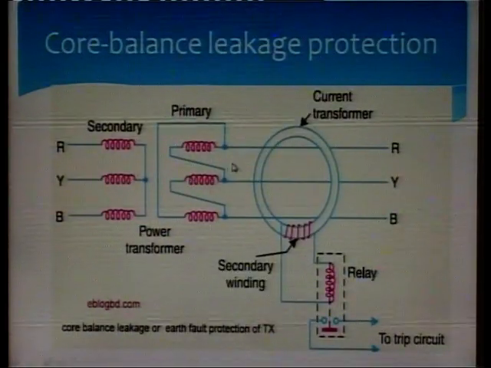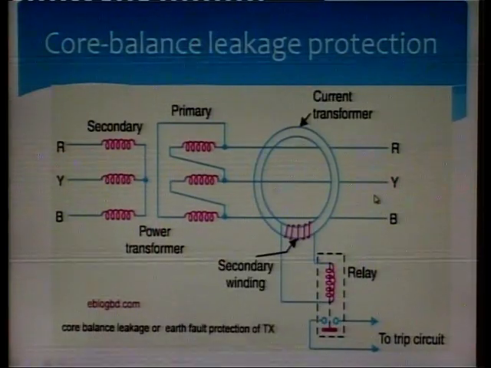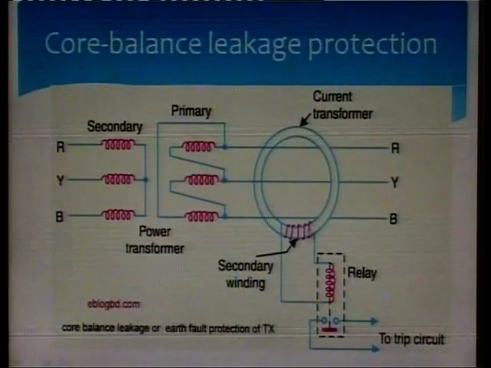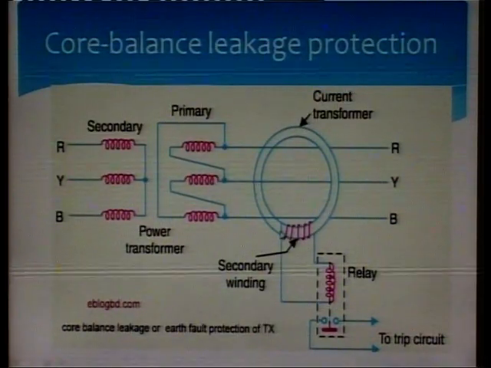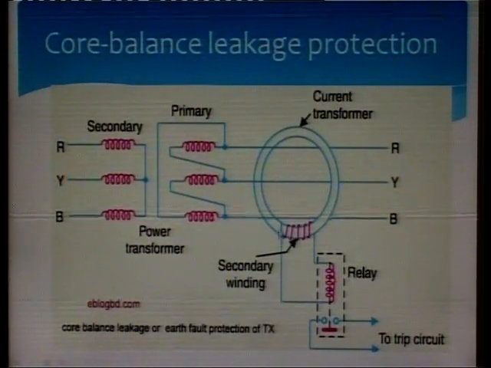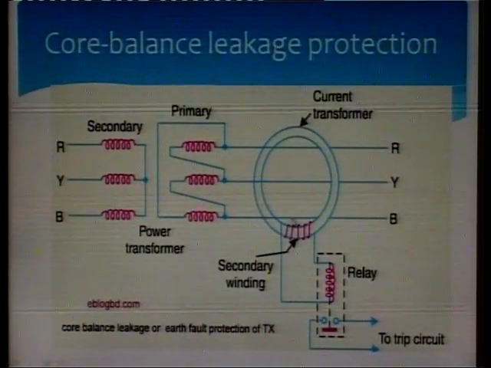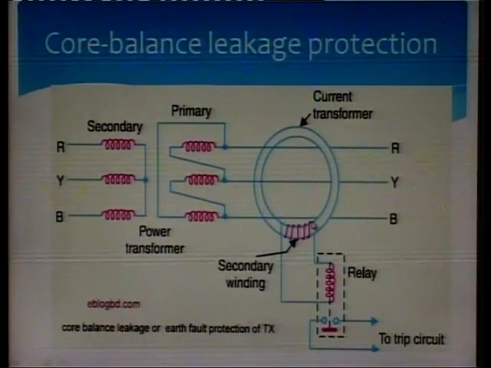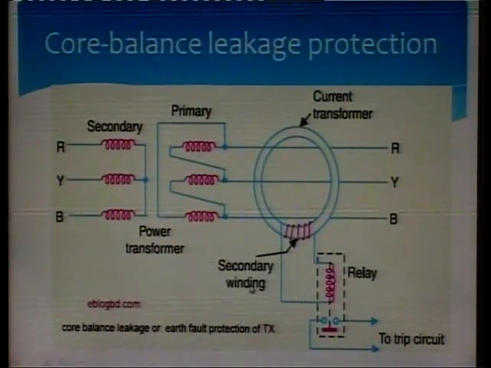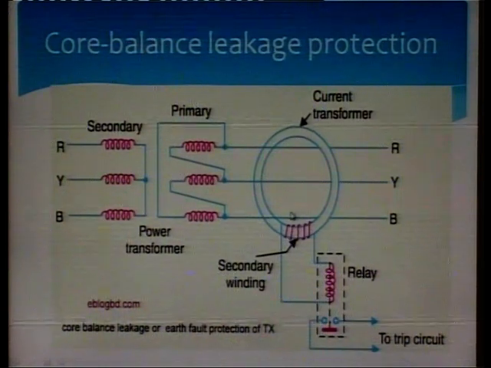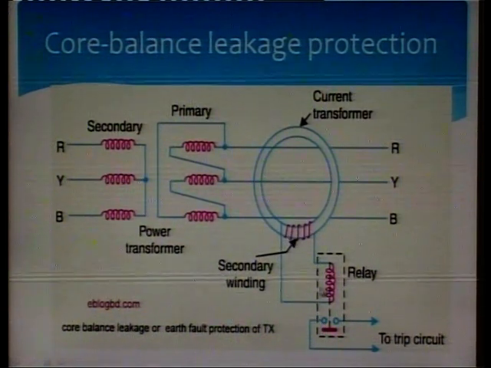So, see this diagram, when IA plus IB plus IC is not equal to 0, then the resultant current will flow through the secondary winding of the CT. So, when this resultant current links with the secondary winding, it produces flux, and therefore, the changing flux produces EMF in the relay coil.